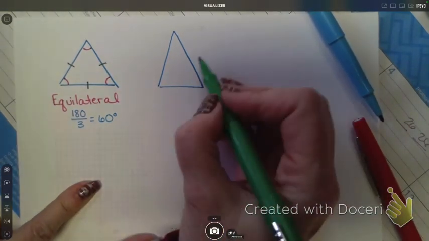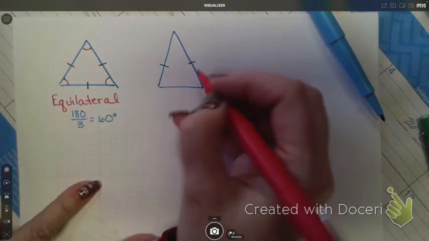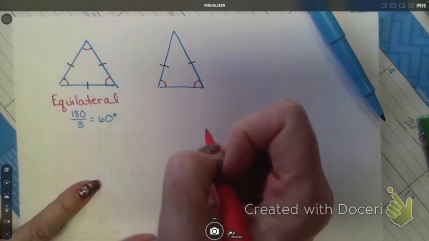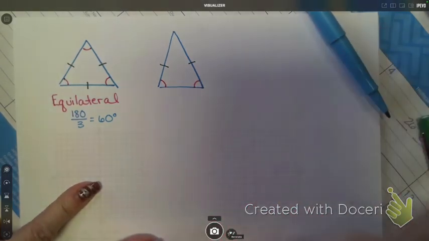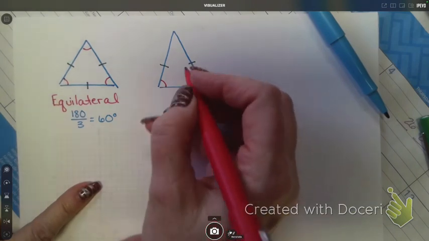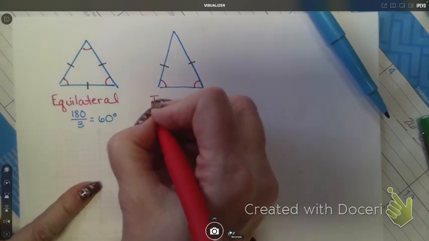That's the isosceles. This is isosceles because why? Two sides are equal. Remember, we're going to say congruent because we don't know lengths, right? So it is an isosceles.